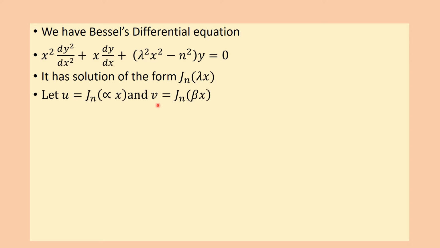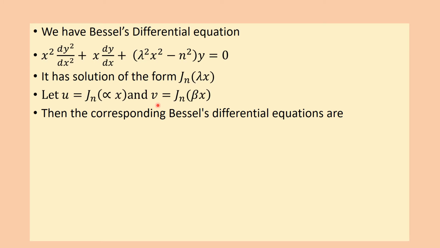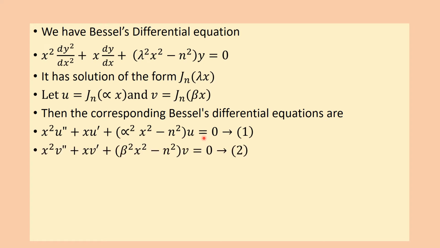Then the corresponding Bessel's differential equations are x square u double dash, where u double dash means d square u by dx square, plus x du by dx, that is u dash, plus alpha square x square minus n square into u equal to 0. Let it be equation number 1. Similarly, the second one, x square v double dash plus x v dash plus beta square x square minus n square of v equal to 0. Call it equation number 2.